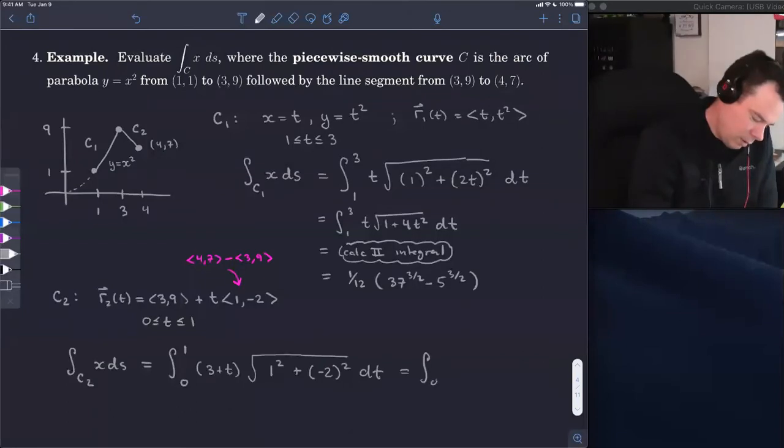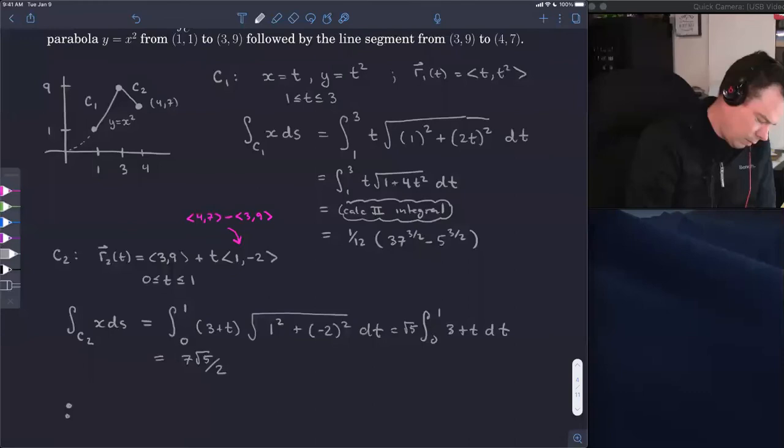Or in other words, it's the integral from 0 to 1 of the square root of 5. I'll bring the root 5 out front. Root 5 times (3 plus t) dt. And that gives us a value of, sorry, 7 times root 5 over 2.